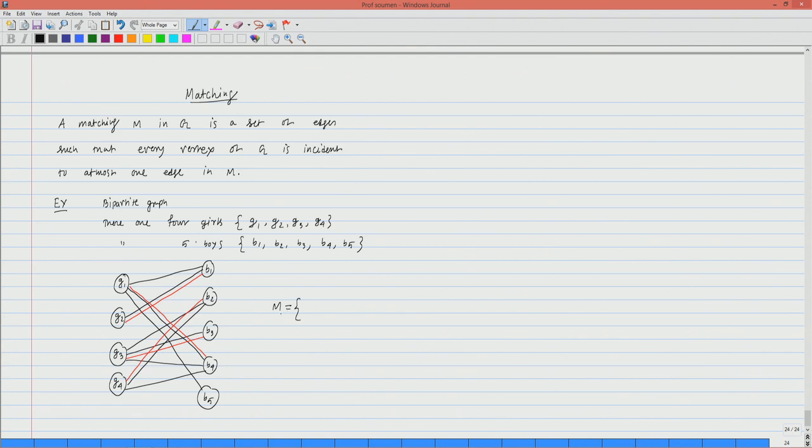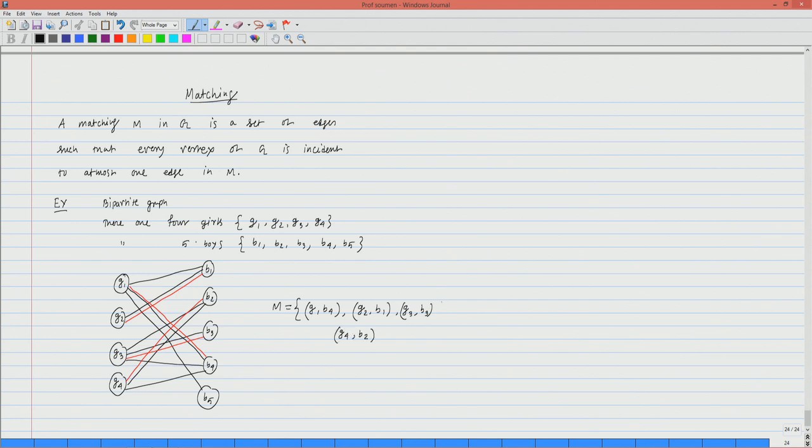So, the matching M here is G1 B4, G2 B1, G3 B3 and G4 B2.